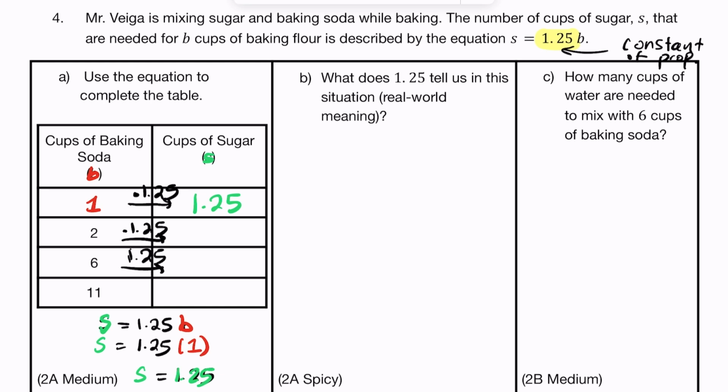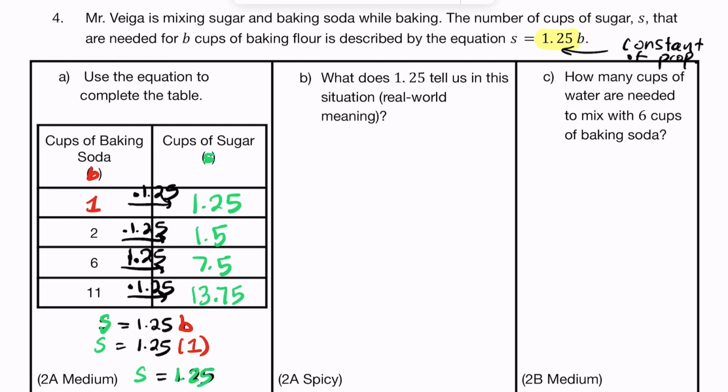And you just, by hand or use a calculator, multiply my b, the amount of baking soda, times 1.25, and it'll tell me how much sugar I need. So I'll get 1.5 there, and 13.75 cups of sugar there. Okay, so I use the constant of proportionality from the equation to fill out the table.